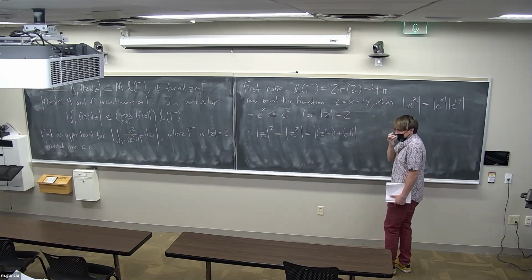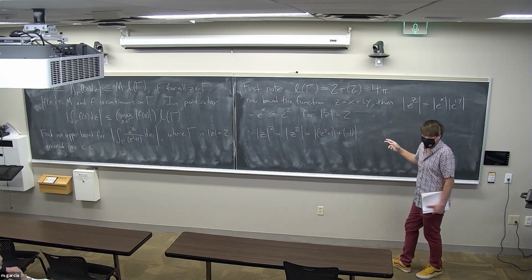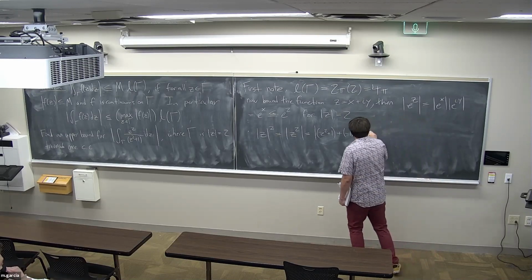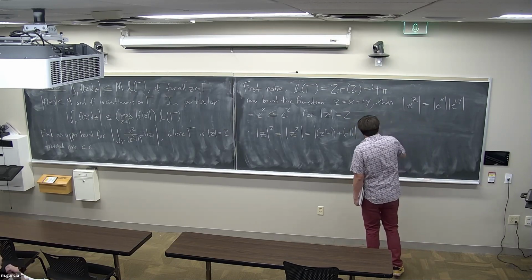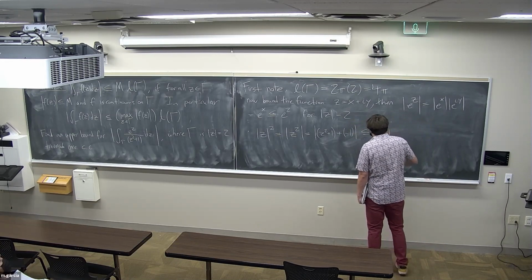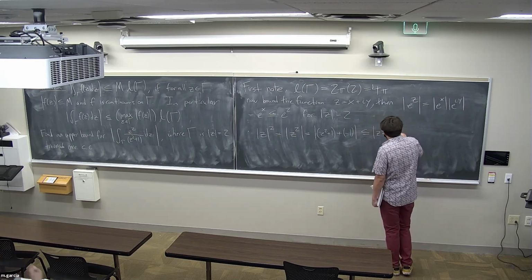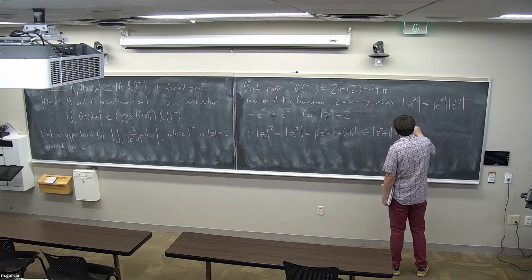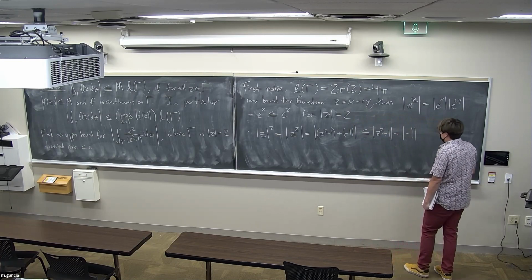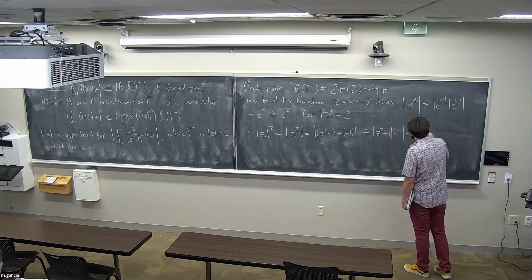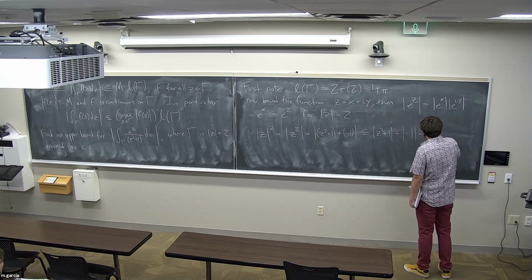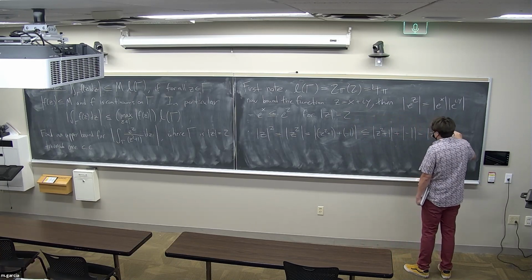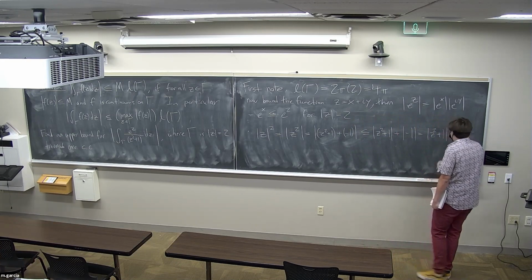Now I'll use the triangle inequality. Right? So this is less than or equal to the modulus of z squared plus 1 plus the modulus of negative 1, which is equal to the modulus of z squared plus 1, plus 1.